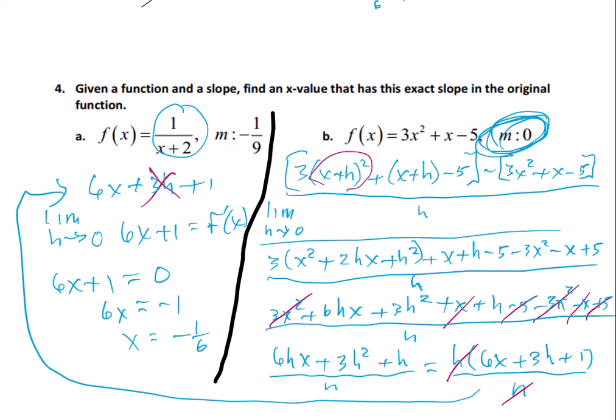Now if you go back and look at our original function, 3x squared plus x minus 5, what kind of thing is that? It's a parabola. And where would a parabola have a slope of 0? It would have to be at the vertex, right? So let's graph that in Desmos and see if that's true.